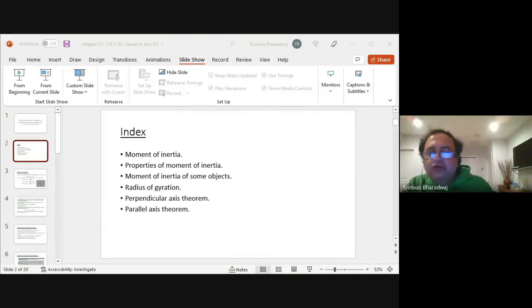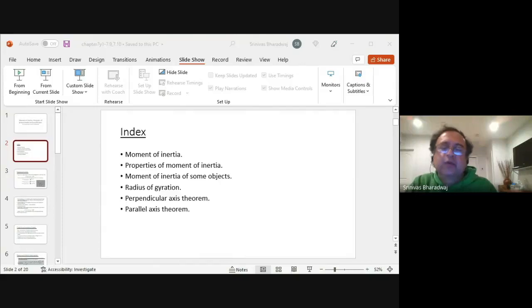At a distance r, there is a small particle of mass mi. Therefore, sigma mi ri square will give you the I, or it gives you the integral of r square dm. Any sigma is actually an integral, so the mi will become dm, and the ri will remain as r.